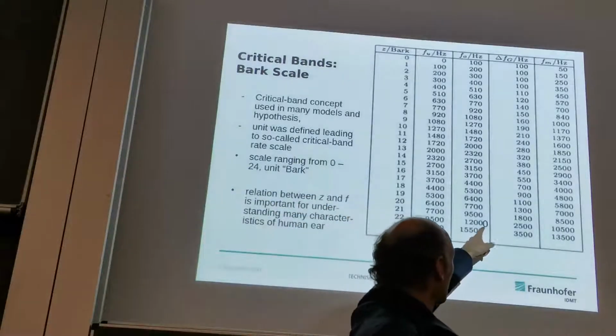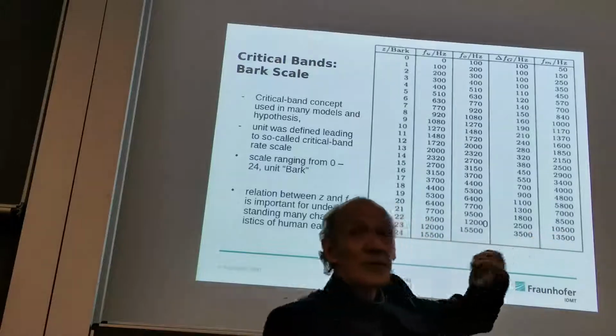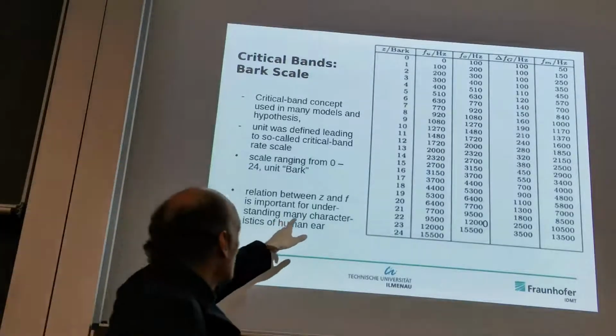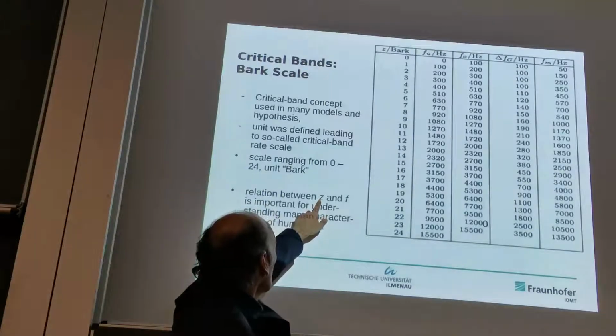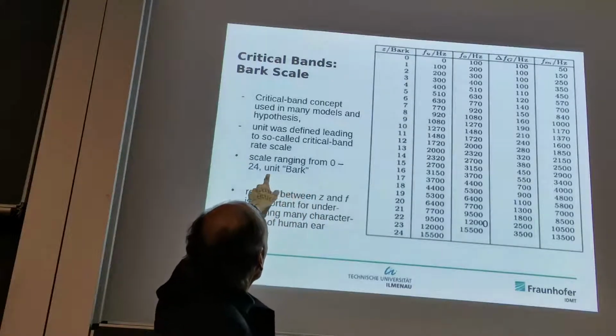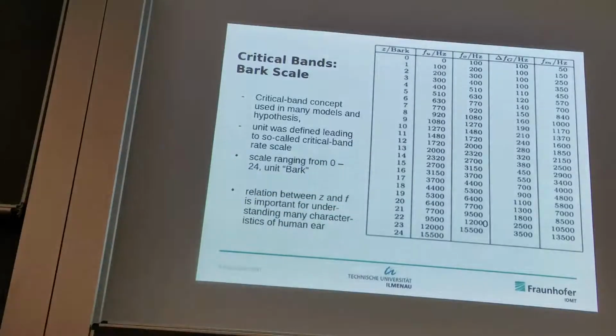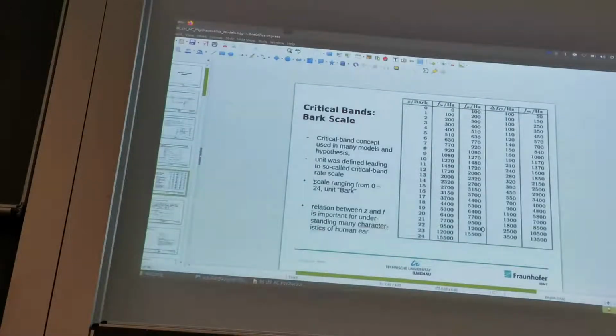Yeah, I added a 0 here because this is supposed to be 12,000. So the relation between the Bark unit, which we call Z, in Bark, and we can also add that here, the Z scale.